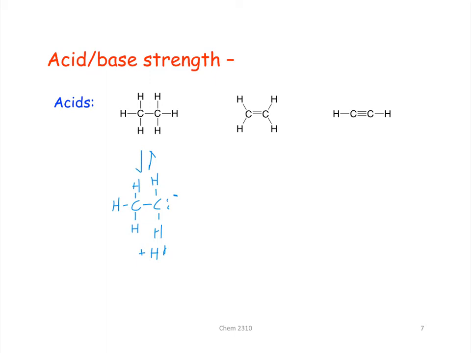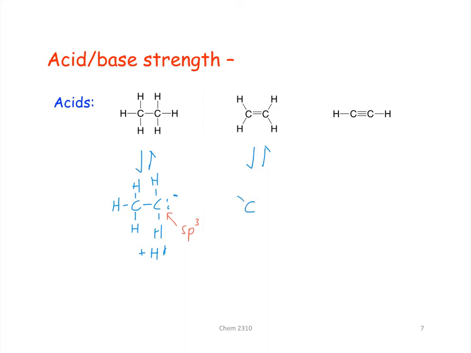Remember what the hybridization of this carbanion would be? This hybridization is sp3, and remember that carbon would be in a tetrahedral geometry with that non-bonding pair taking up the same kind of space as a bond would take. What about the next one? This is ethene.